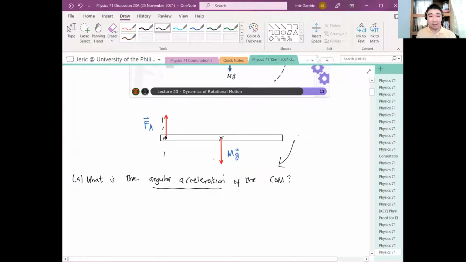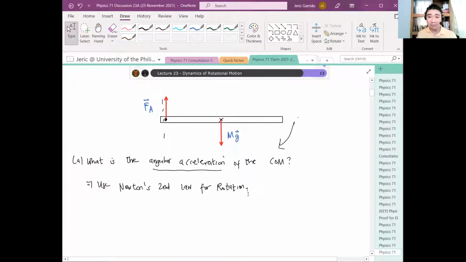Since you determine the angular acceleration, you use force methods or torque methods. Pero since angular acceleration ang hinahanap, we use torque. Use Newton's second law for rotation.